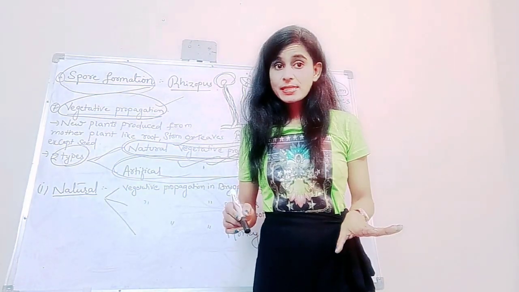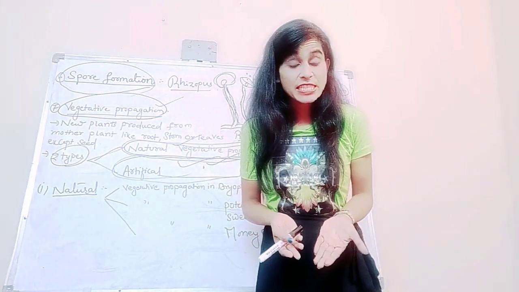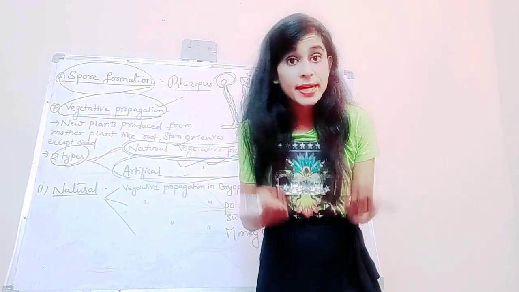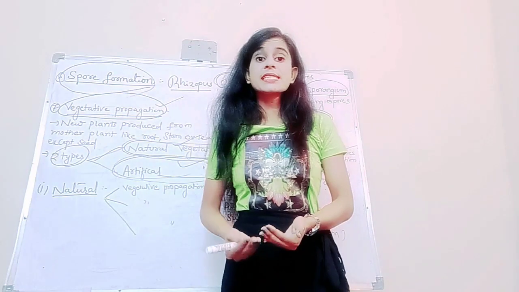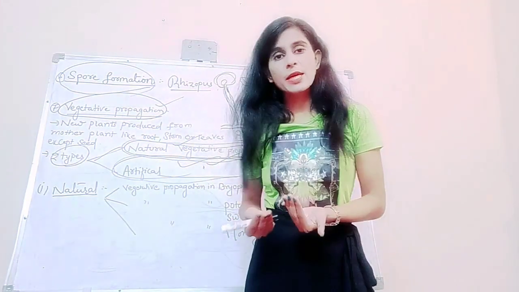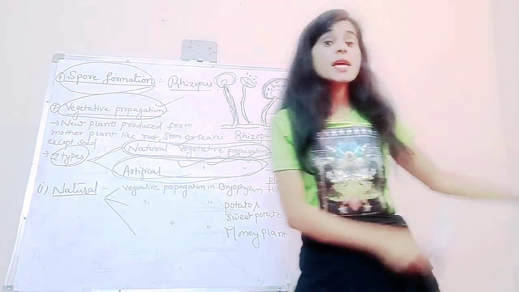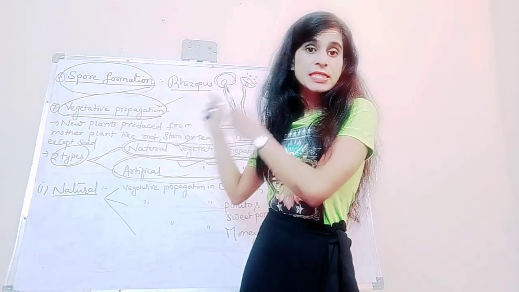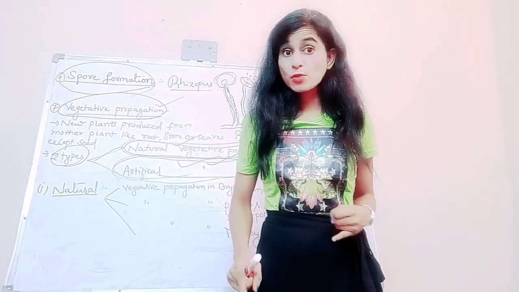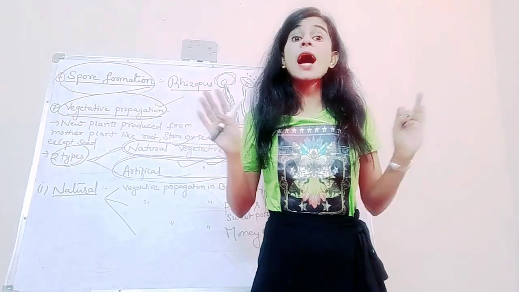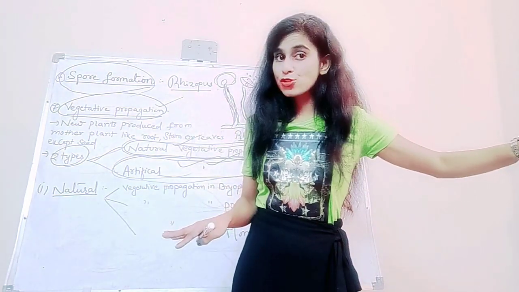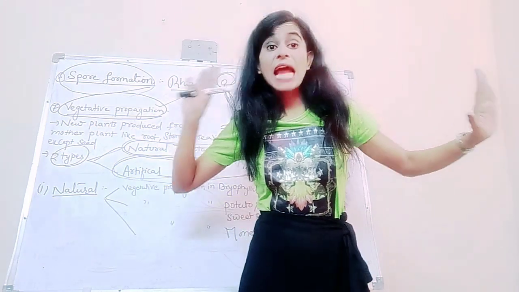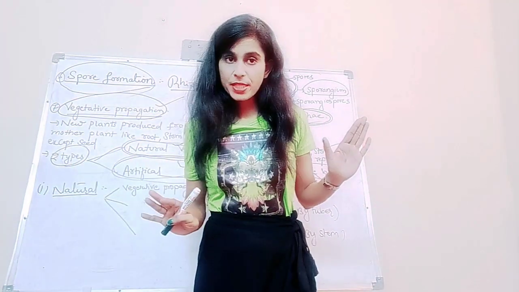Am I clear, guys? What exactly is vegetative propagation? Production of a new plant from the mother plant itself by its parts, roots, stem and leaves, is called vegetative propagation. Done with the first point. Second point, there are two types: natural and artificial vegetative propagation.